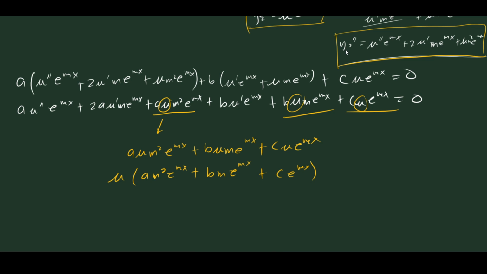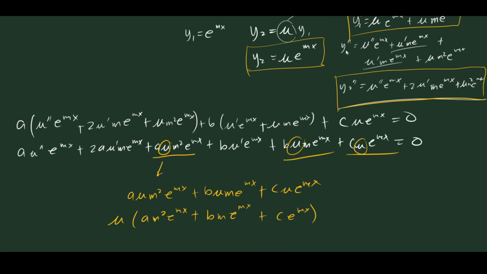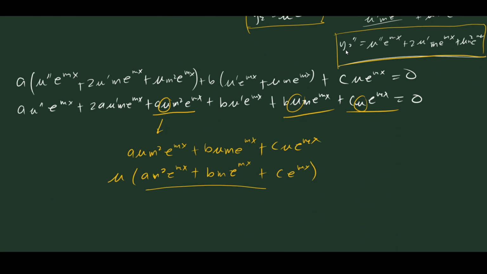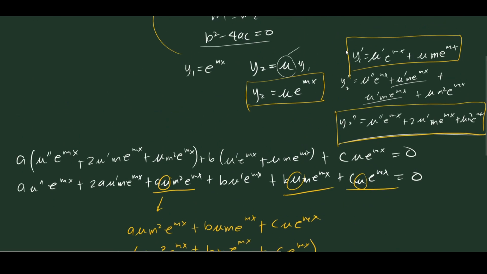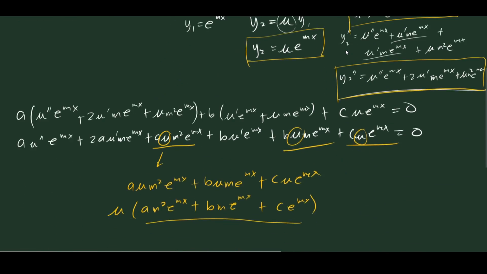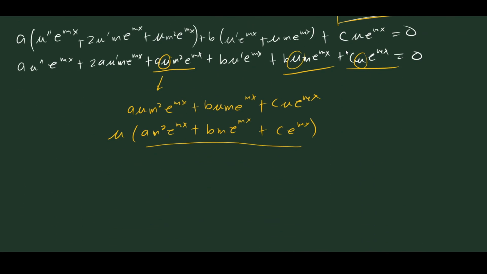Okay, so if we go back to our original equation, we know that y1 is equal to e raised to mx is a solution of this, right? Now, if we substitute y1 and its derivatives into the original equation, it will look like this one, right? So if this is equal to 0 right here, then this should also be equal to 0, right?